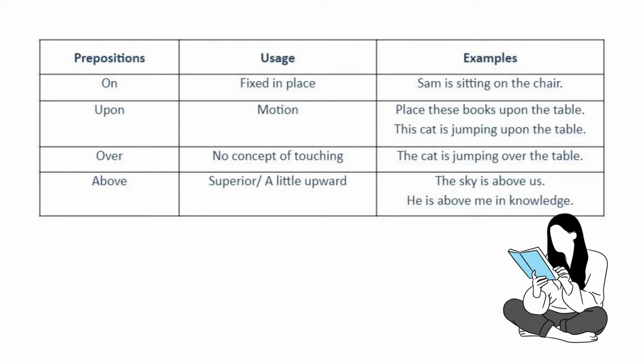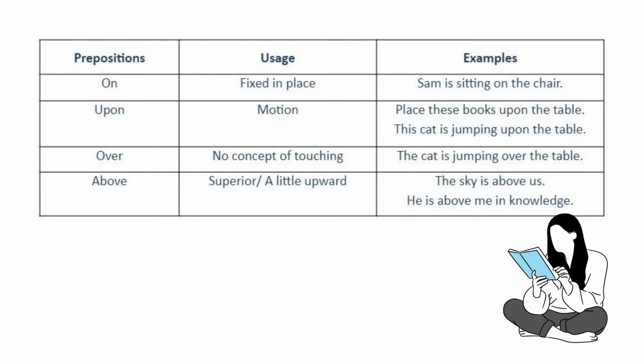Here, as you can see, the books and the cat were firstly in motion and then they were kept on the table. Right? So, upon will be used when your noun will be in motion and then finally at rest.